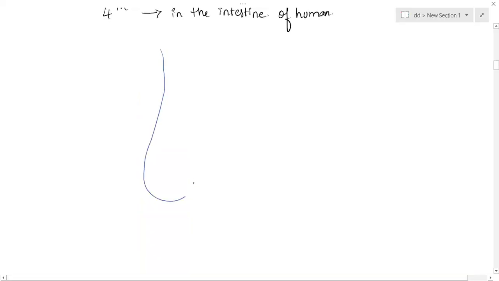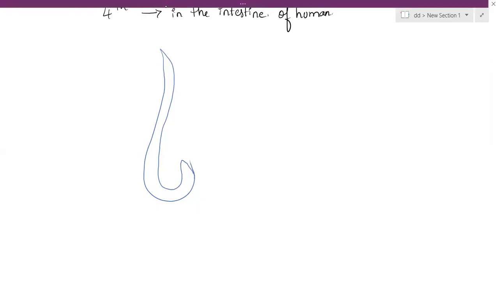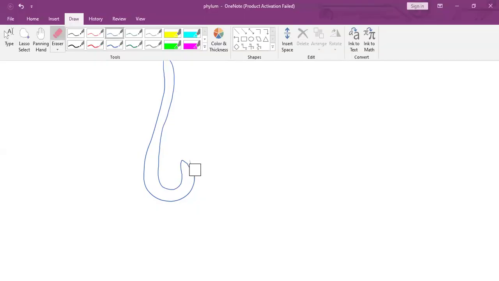Let me write the diagram so that you'll understand. It's a simple diagram. This is the male. The male has a curved end.